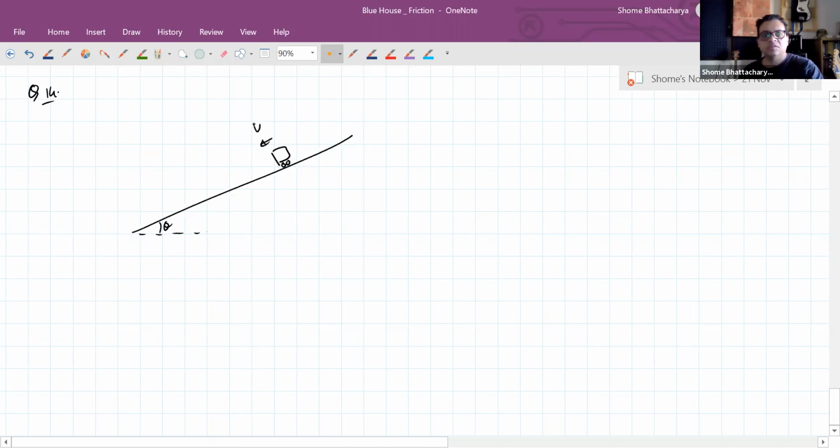So its initial velocity is 36 kmph, that is the same thing as 36 into 5 by 18, so that is 10 meters per second. Now you apply the brakes, so the tire starts skidding. So when the tire starts skidding, there is kinetic friction acting on it, which is mu n.